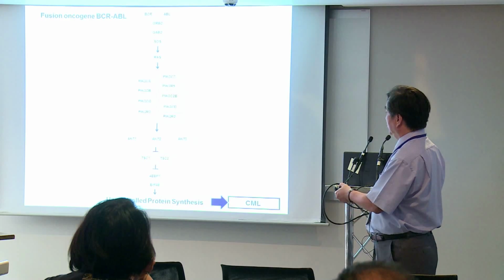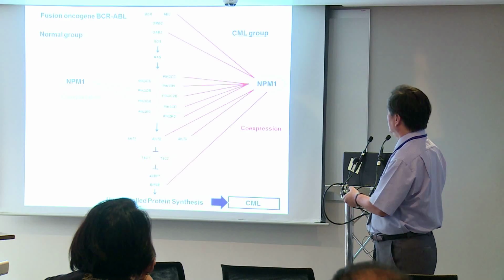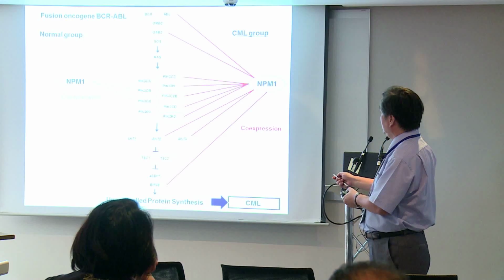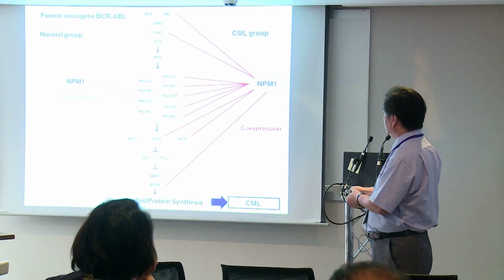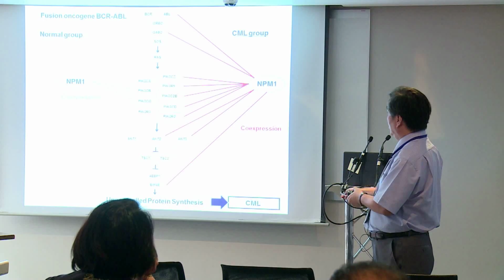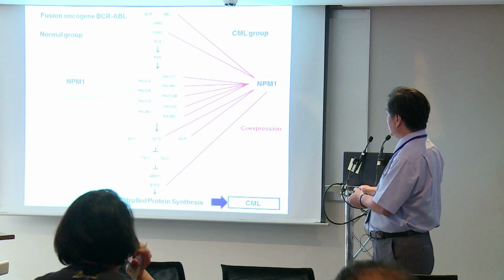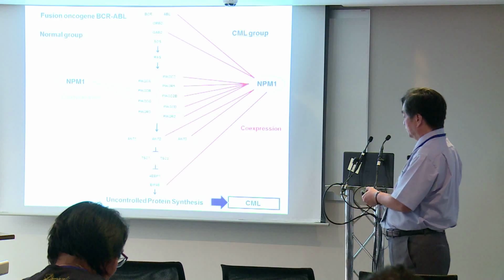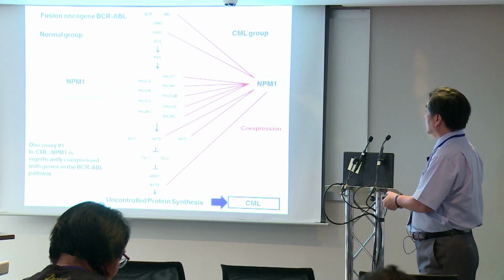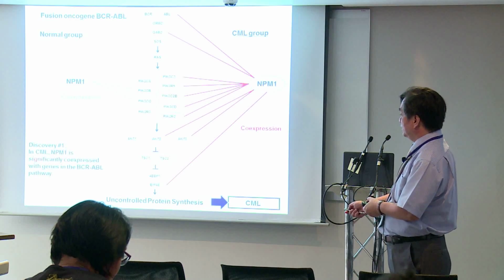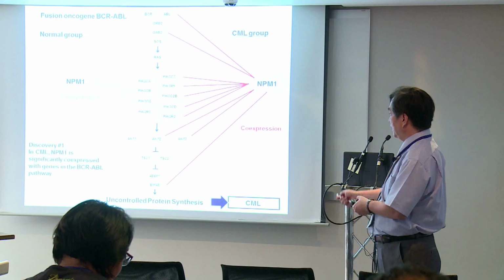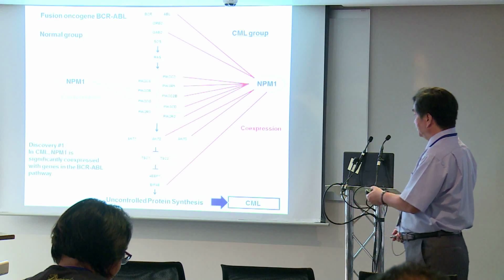Very interesting. Using our co-expression network, we can find out NPM1 is closely linked to these oncogenic pathway proteins, co-expressed, as compared to control. So NPM1 is significantly co-expressed with genes in the BCR-ABL pathway.